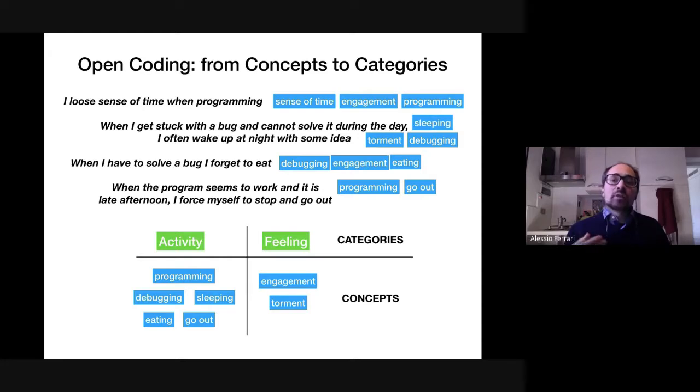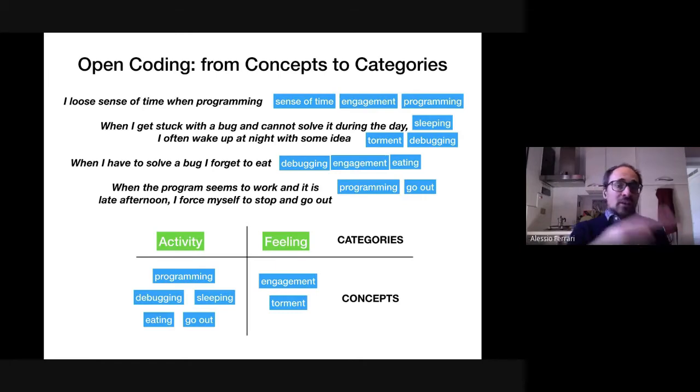This is related to the activity of sleeping, the person is probably tormented by the bug, and the activity that he's doing is debugging. So this is different, because before I was speaking about programming and losing sense of time in a probably positive way, although we don't know, and here he is tormented while sleeping.